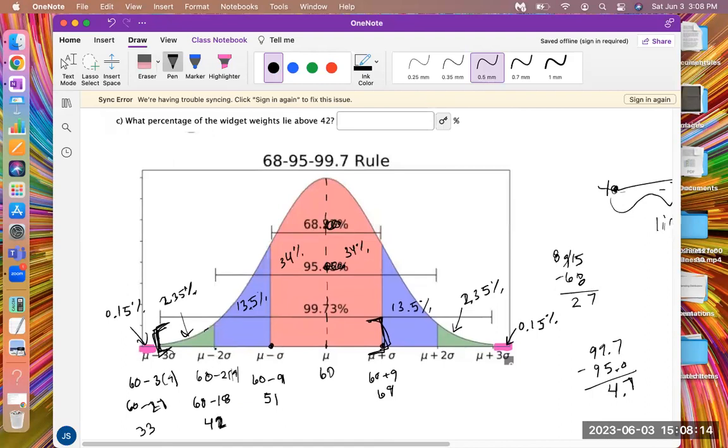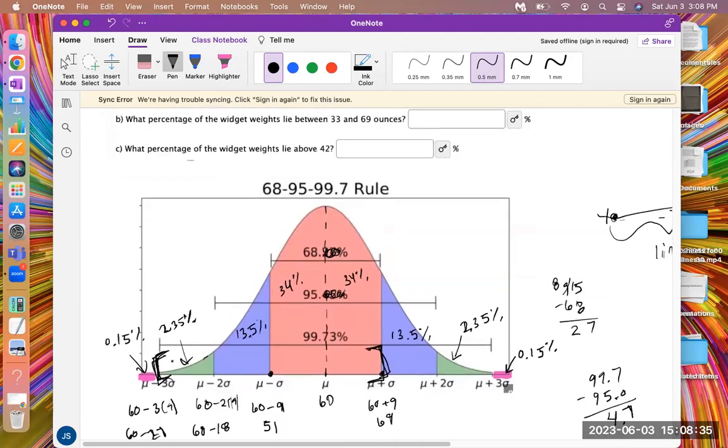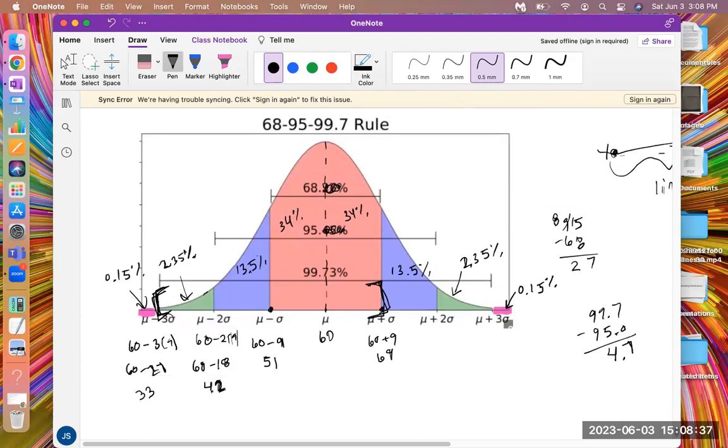It's kind of good if you find the mean, you draw the mean on, and then you keep adding the standard deviation or subtracting the standard deviation to find all of these spots. Find 1 standard deviation below the mean, 2 standard deviations below the mean, 3 standard deviations, and calculate those numbers already. That way, when you do a problem like this, you can just look and find the 42 because I had already calculated that. That's 2 standard deviations below the mean, which is right here.